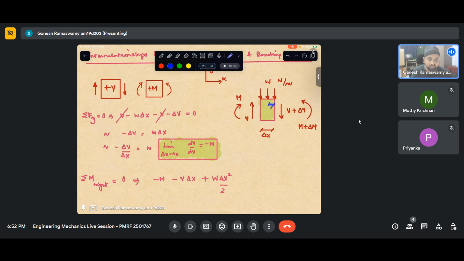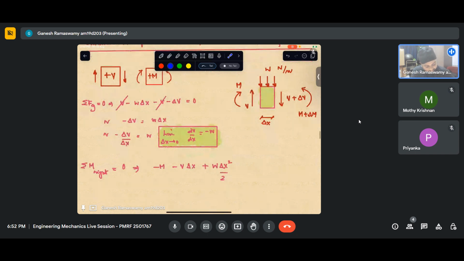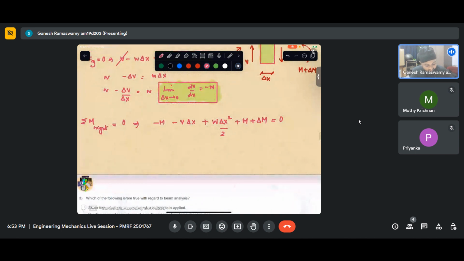That is why it is delta x by 2. This will not appear in my equation. M plus delta M will be plus, equaling 0. Now by similar steps, I can solve this, and in the limit when delta x approaches 0, I'll get dM by dx equaling V.